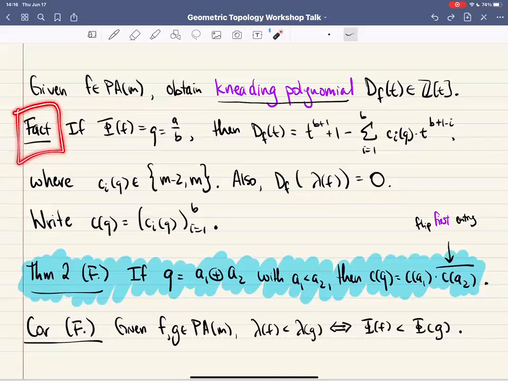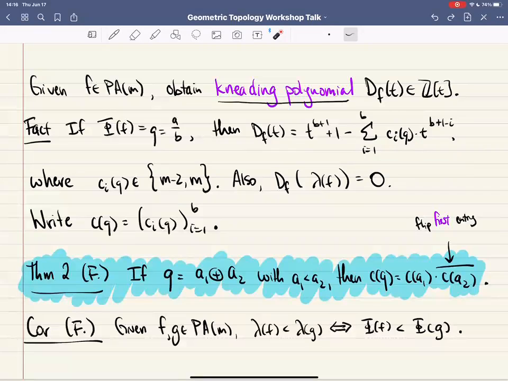This is another fact that requires some work. So basically, if your zigzag has rotation number q, then that rotation number determines your polynomial. It determines the coefficients of it. So all you need to know is the rotation number of your zigzag, and that determines the polynomial's coefficients.